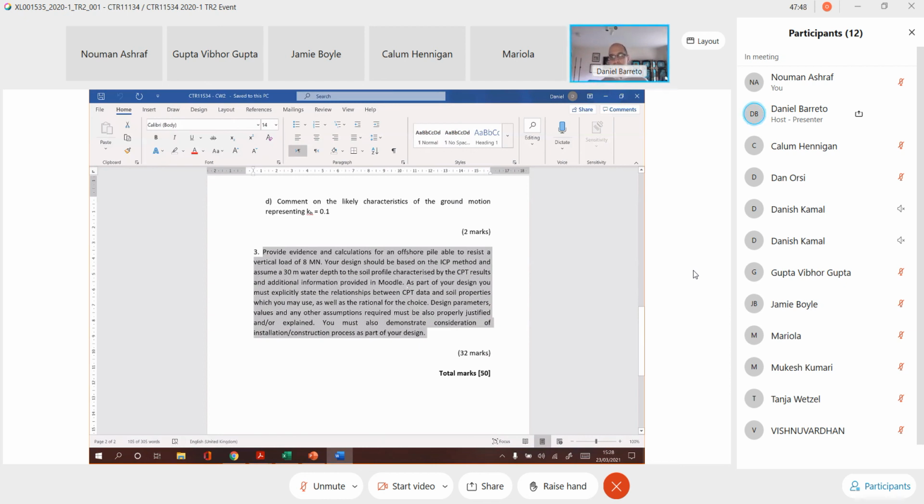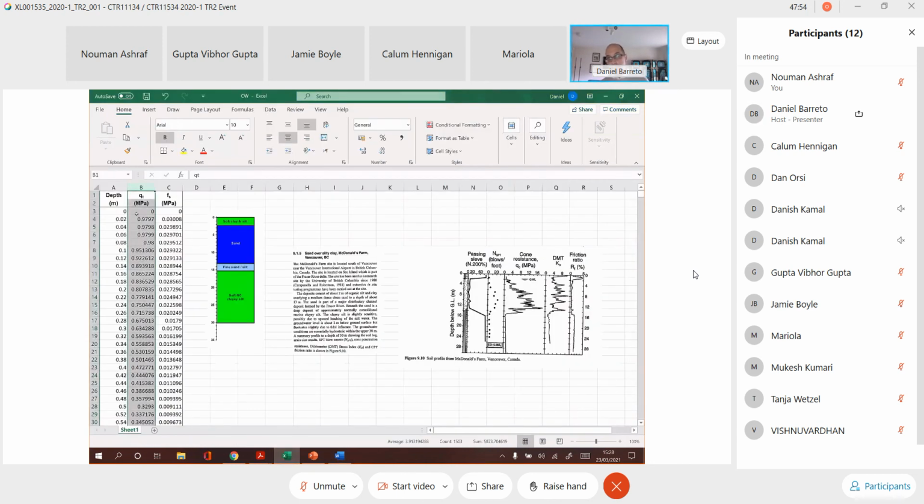And you'll have some data on Moodle. So what you'll get on Moodle? CPT test results in terms of tip resistance and friction resistance.